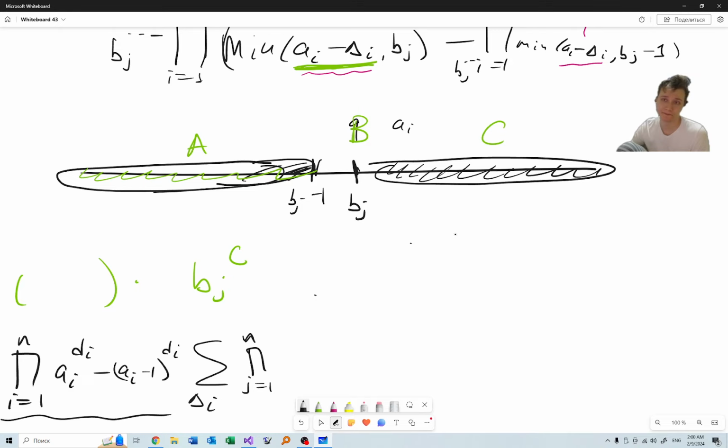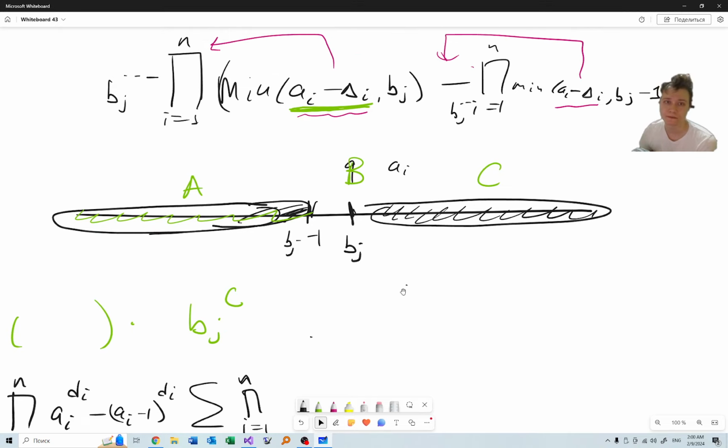Okay, yeah, I see. If AI equals bj, then in this minimum we always take this number, and in this minimum we always take this number.